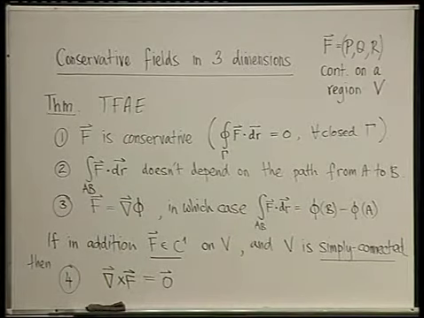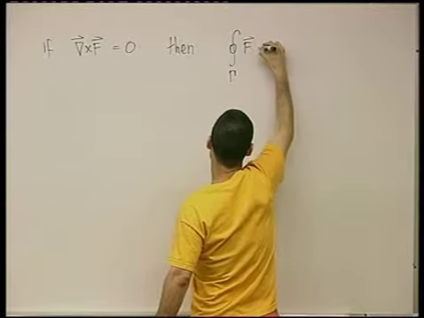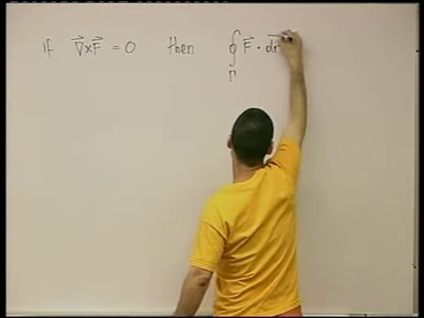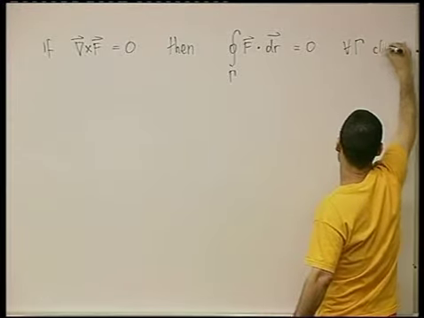if the curl of f is zero in some domain, and let's assume that f is C1 and that the domain is simply connected, so everything works out nicely, then the circulation over every closed loop is zero, because it's conservative, for every gamma closed.